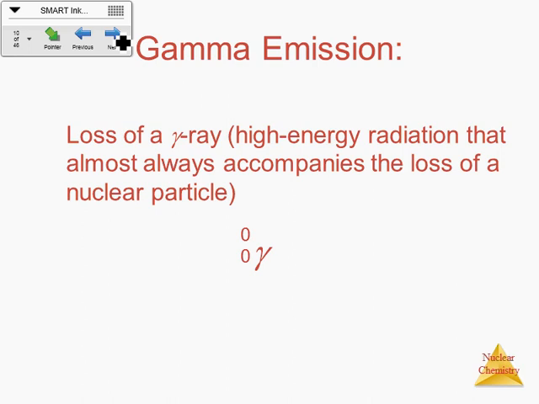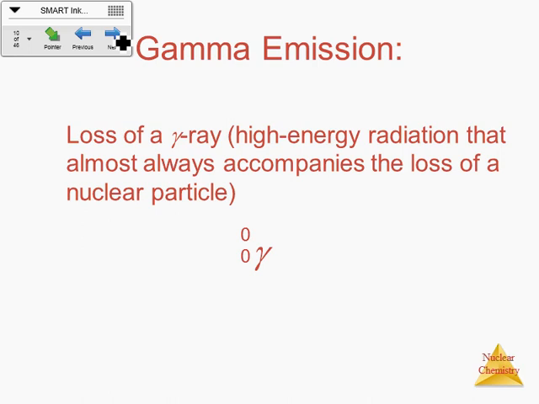Gamma emission, we just need to talk about that. It's kind of an awkward place to put this in a set of slides, but gamma emission happens with pretty much all of these other processes. With alpha decay, gamma radiation is given off. With beta decay, gamma radiation is given off. With positron emission, gamma radiation is given off.